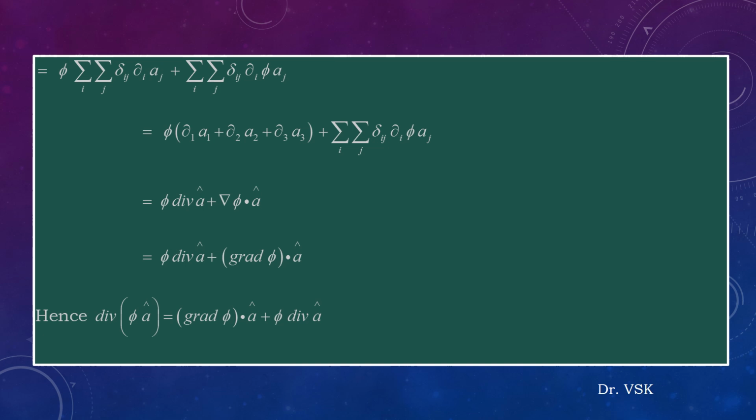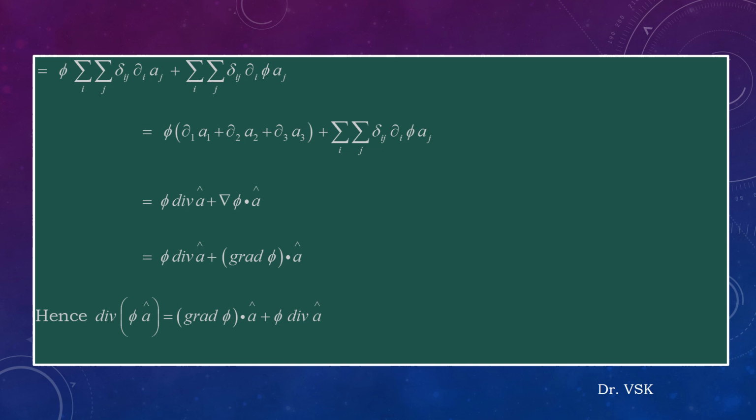Plus, coming to the second expansion, sigma over i, sigma over j, delta ij dou i phi aj. This particular dou i phi is the ith component of grad phi.